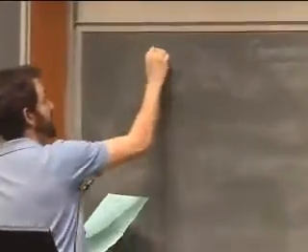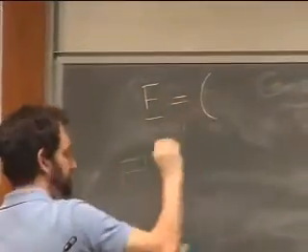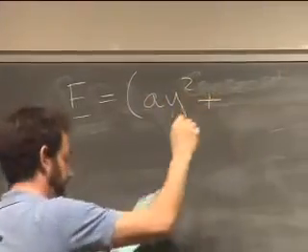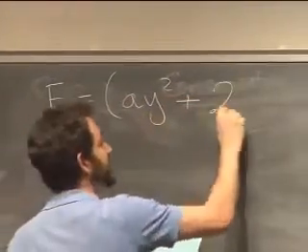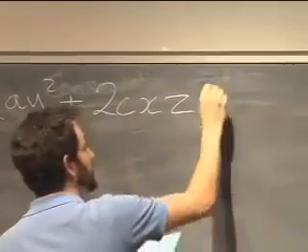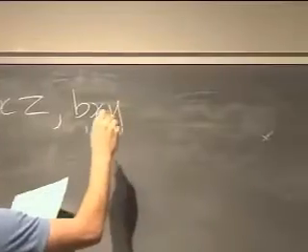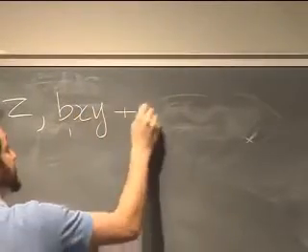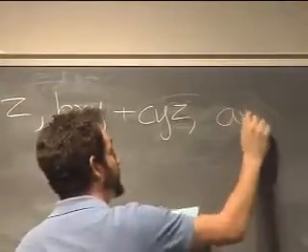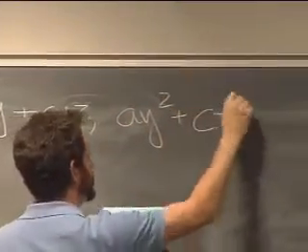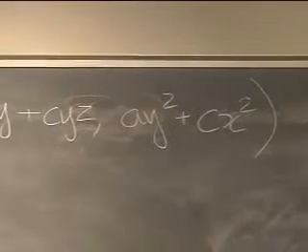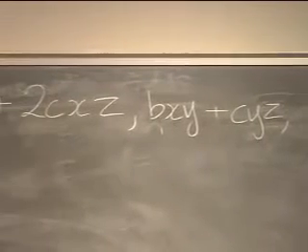So you're given a vector field F, which looks like this: (ay squared plus 2cxz, bxy plus cyz, ay squared plus cx squared), where little a, b, and c are all constants.